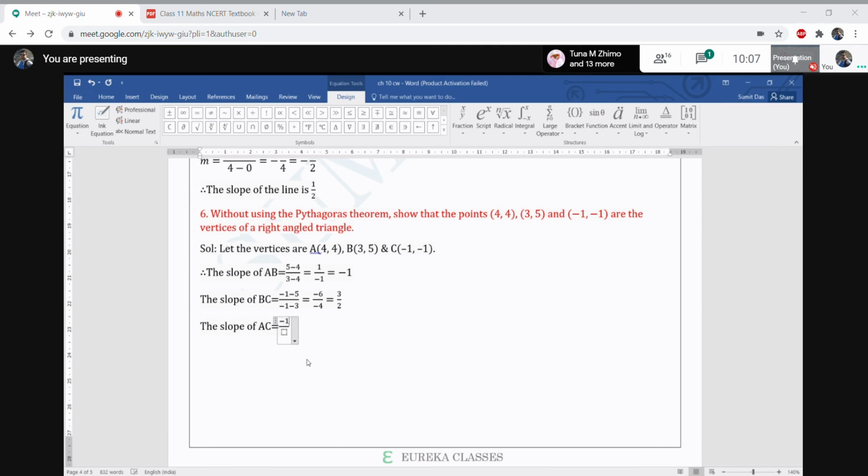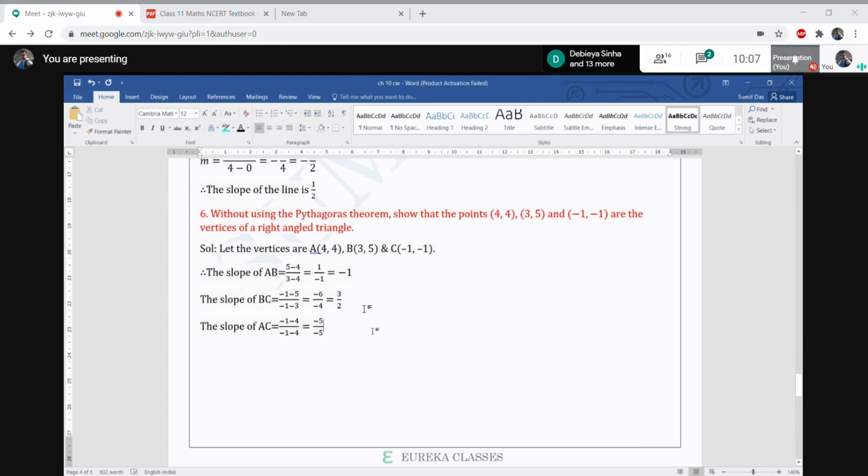Minus 1. What is y1? 4. Sorry, what is x2? Minus 1. Then what is x1? 4. If you simplify this one, it will be minus 5 divided by minus 5, which is equal to 1.